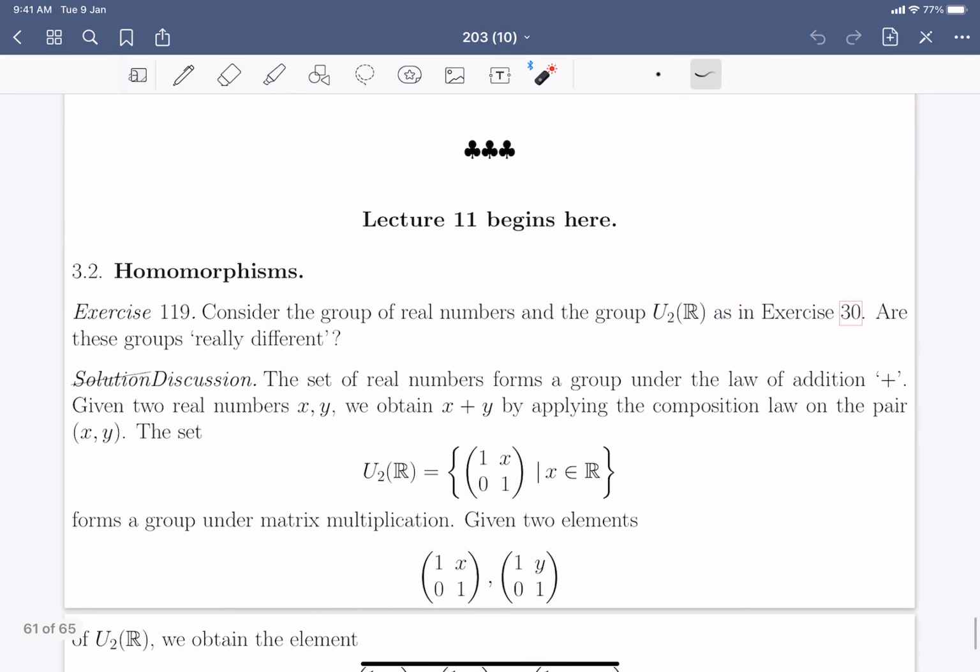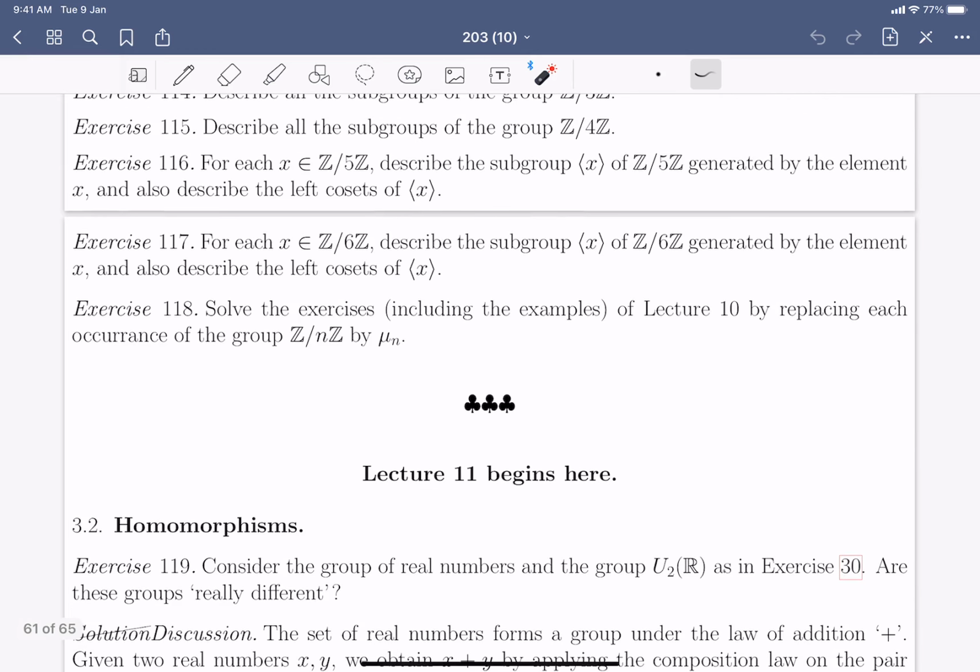The question was whether the group of real numbers and this group U2R are really different or not. And as I said, practically it is almost impossible to answer this question, because the notion of really different is not a well defined property. So I stated this exercise because I wanted you to work on this problem so that you develop some sort of intuition or understanding.